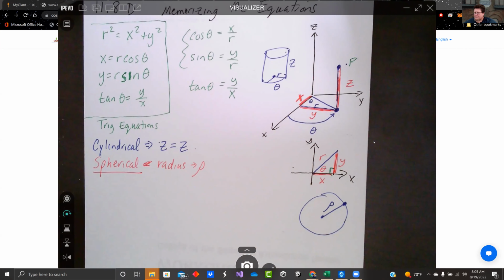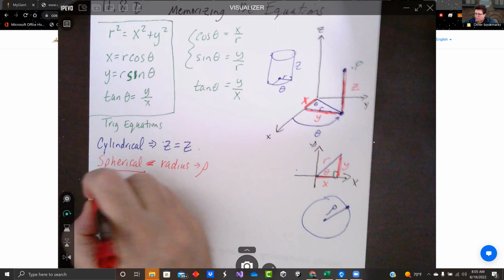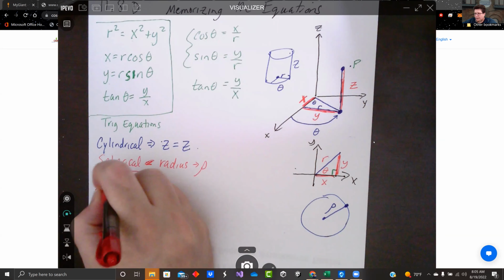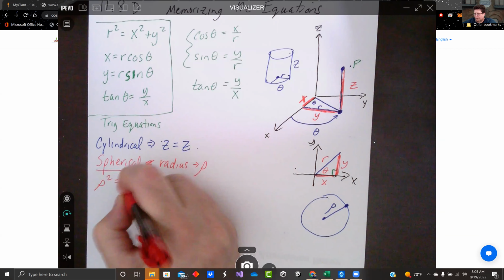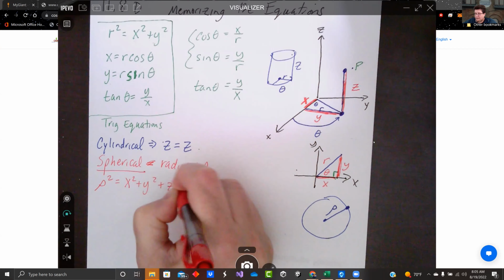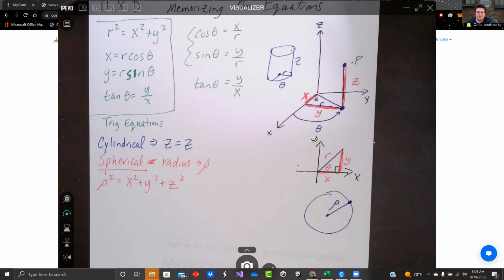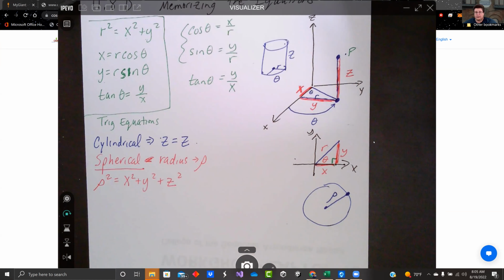And the good thing about doing distance formulas in multiple dimensions is it's the same thing as just adding another component. So one new one you need to memorize is rho squared equals our good old x squared plus y squared plus z squared. This is our x squared and y squared. We add a z component, we're adding that squared. So that's a new one that you need to know.